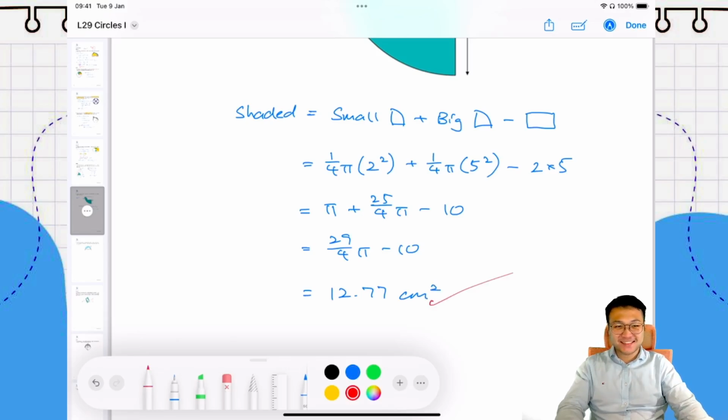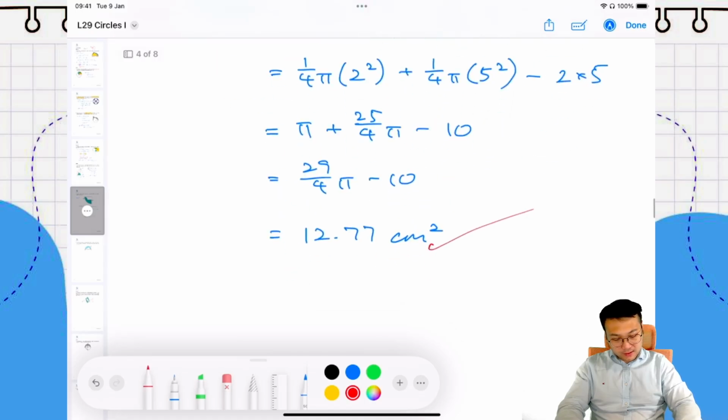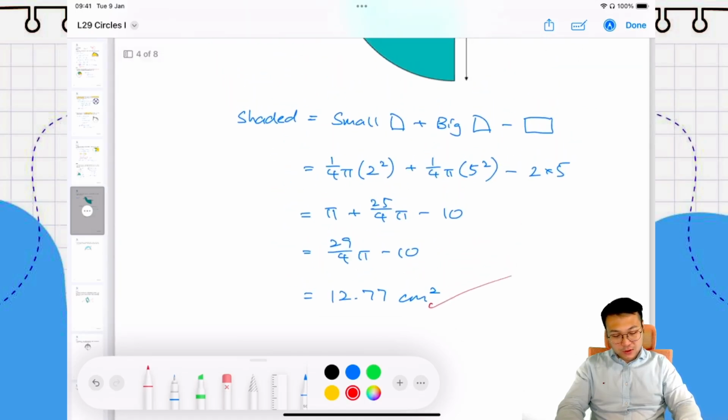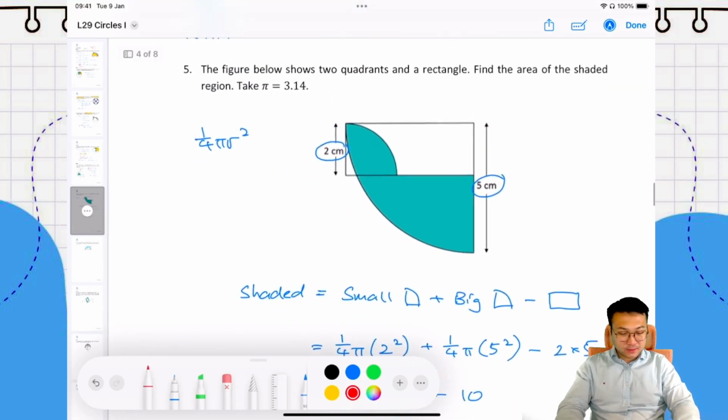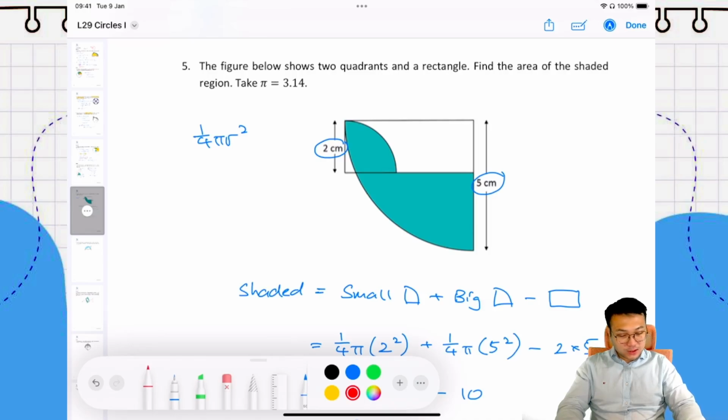Okay, students? Yes, a question. Can we put 12.765? In fact, when you type in the calculator, usually in exams, if you are in a math competition, usually they'll give you multiple choice, then you just select the best answer.